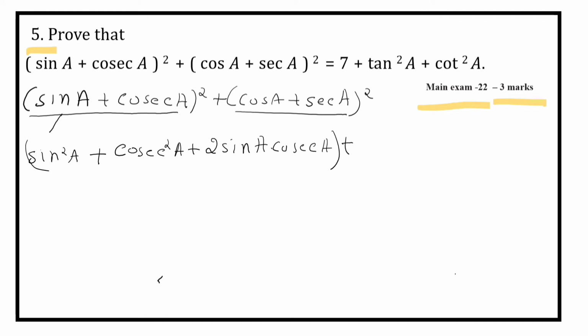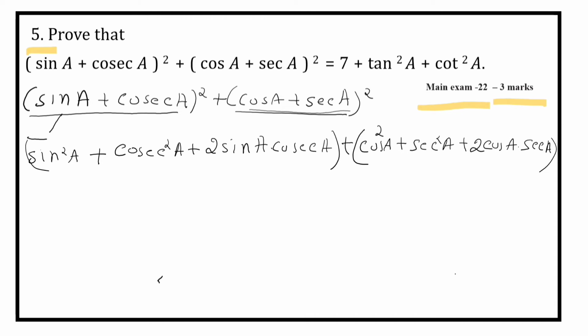Here also the A plus B whole square formula you have to apply. Cos square A plus secant square A plus 2 cos A into secant A. It is whole, you can club.